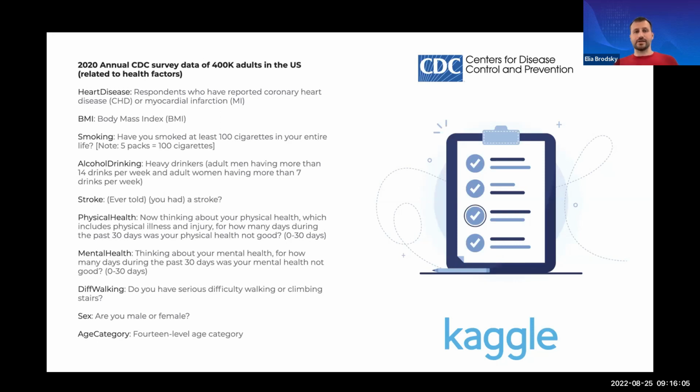This is a subjective evaluation that you make on yourself. Mental health, in the past 30 days. Difficulty walking, if you have serious difficulty walking or climbing stairs, sex, male or female, and then different types of age categories. There's a lot more to the actual data set.